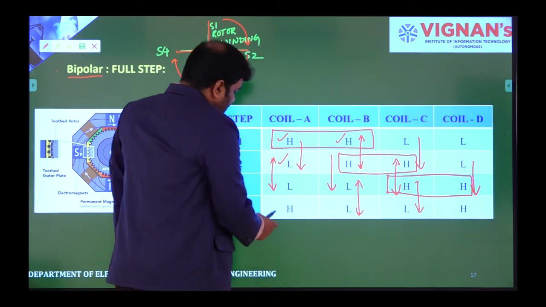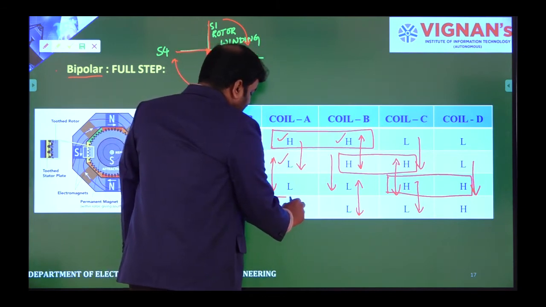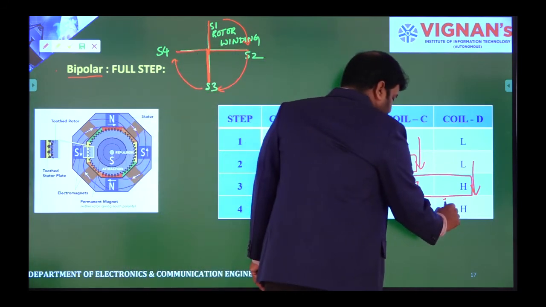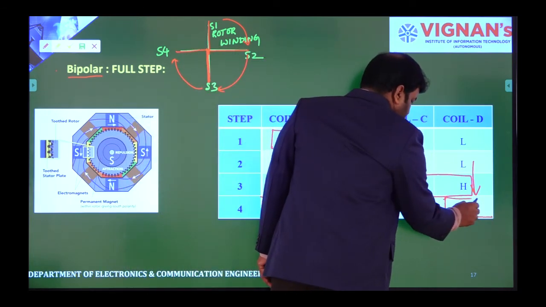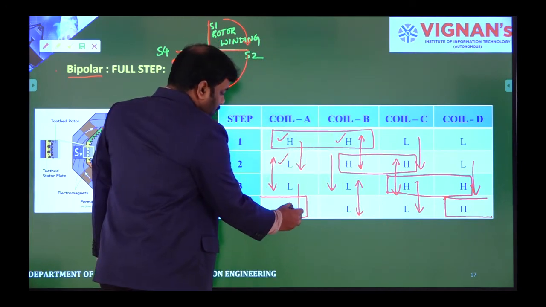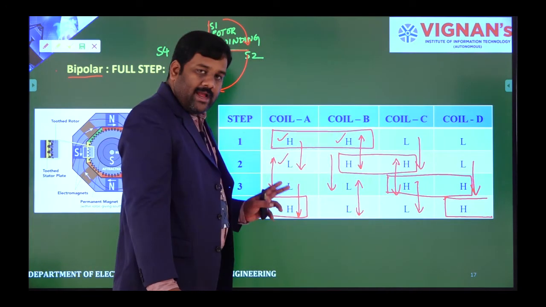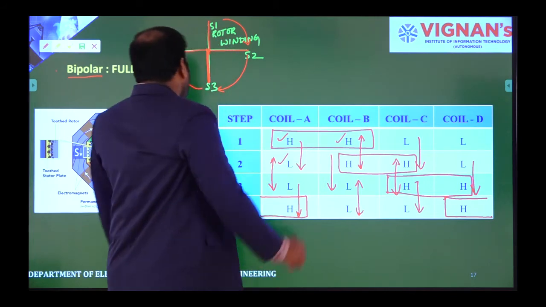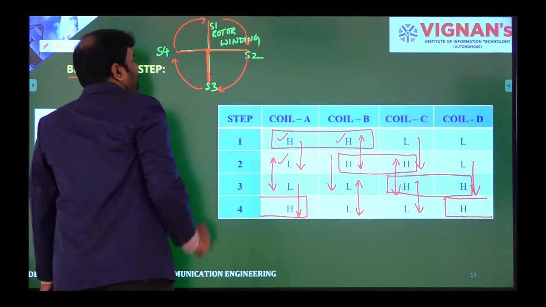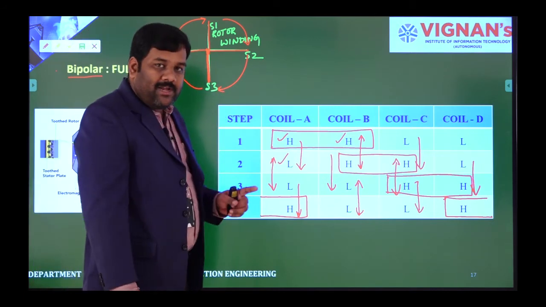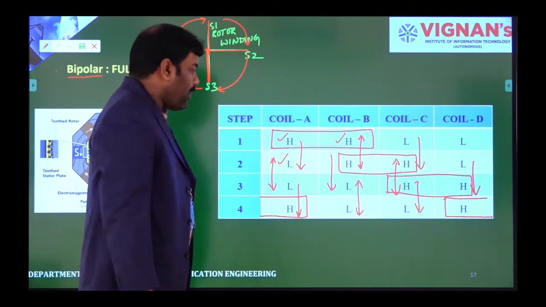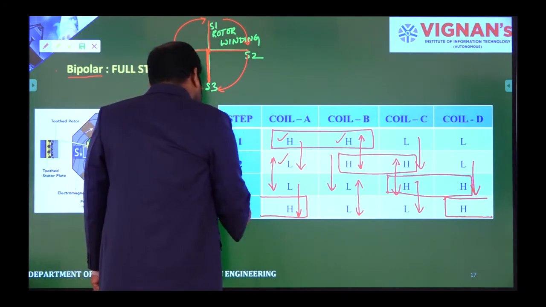For that purpose, whether it is rotating clockwise or anti-clockwise, here I have higher mode, and here I am changing from low to high mode. So I have 2 higher operating modes. Again, the rotor will change from S4 to S1. That means for completing one complete rotation of a winding, you need to operate 4 steps.